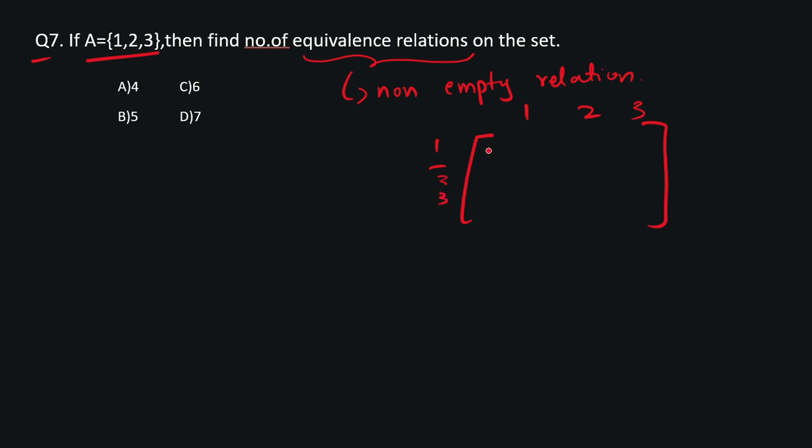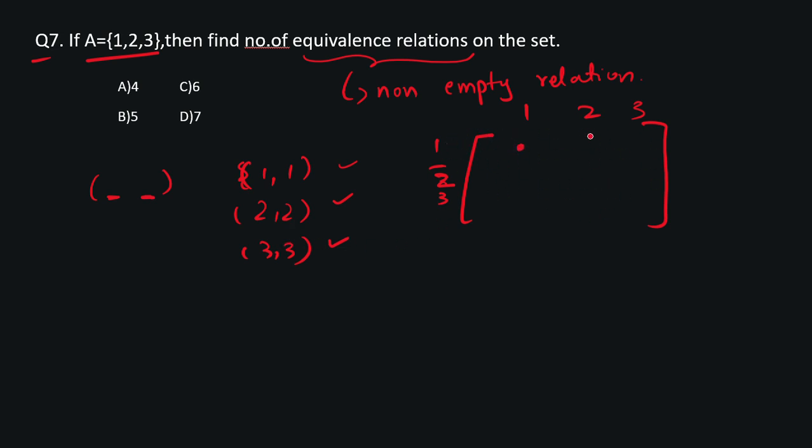Or else we can tell that in a set there should be repeating of digits. For example, 1 comma 1, or 2 comma 2, or 3 comma 3. So we have already got 3 options. Now we can solve this by using a matrix.